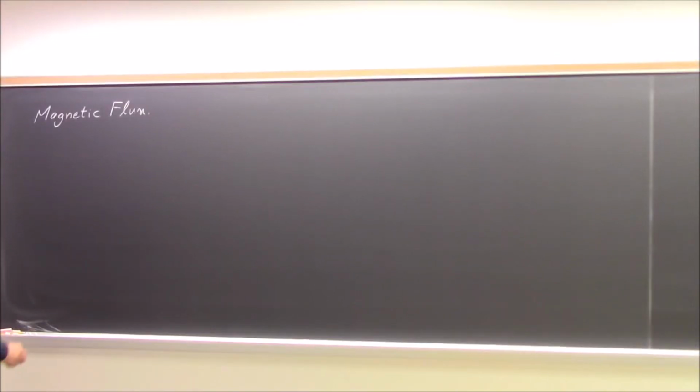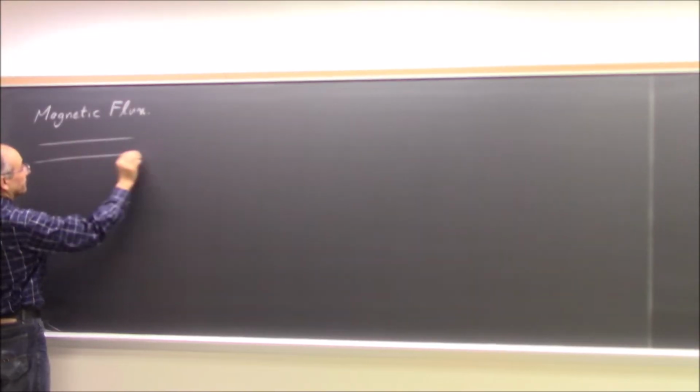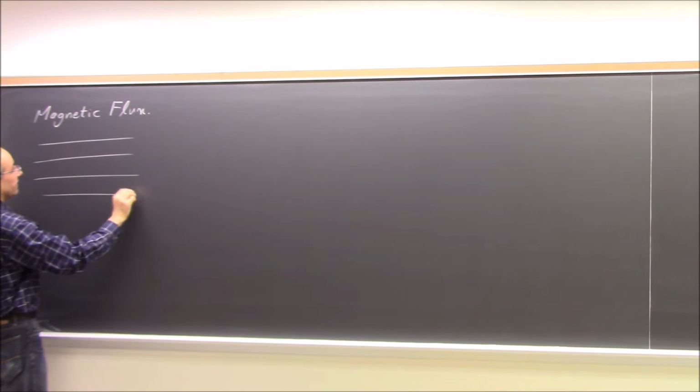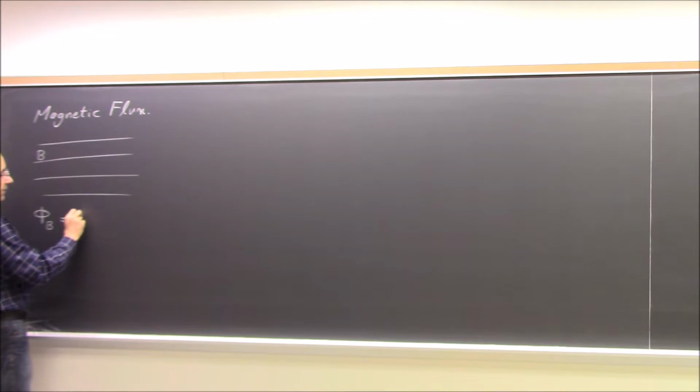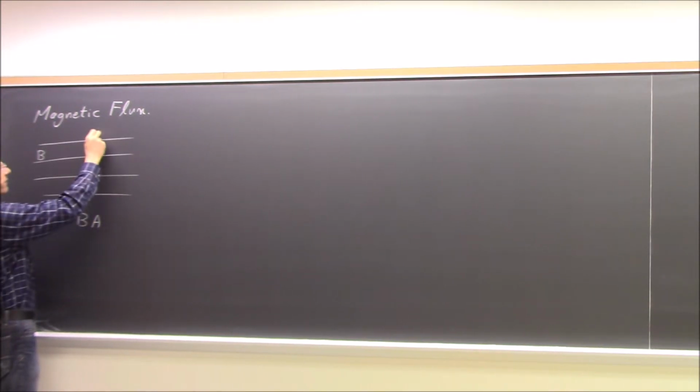If you have a uniform magnetic field in a region of space and a surface, so that the field goes through the surface, we say the flux of magnetic field going through that surface is denoted by phi B, and we say it is the magnetic field intensity times the area if the area is perpendicular.